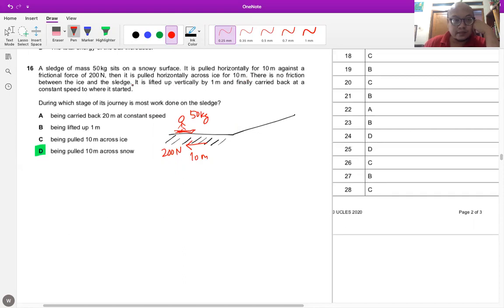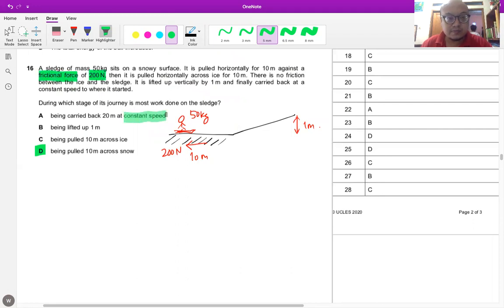And there is no friction between the ice and the sledge. Being lifted 1 meter, because they have 200 Newton in frictional force, this is not constant speed. This is wrong.